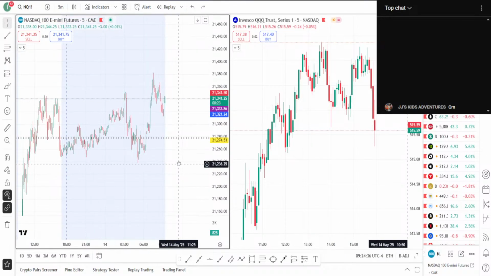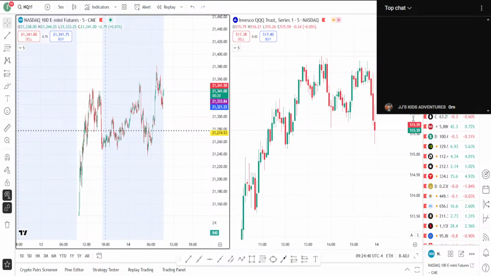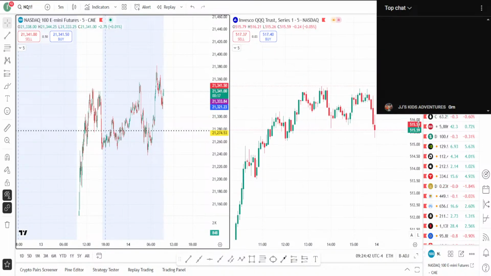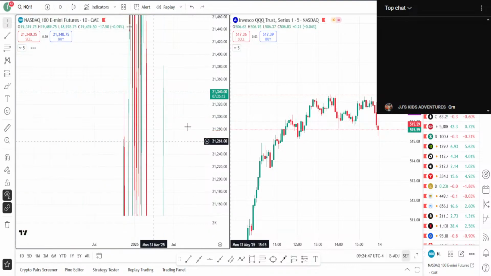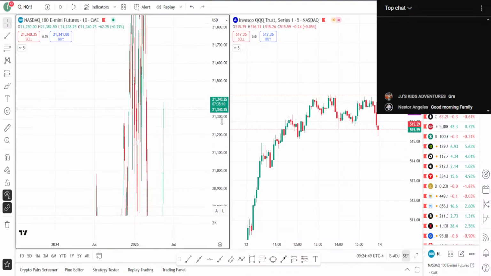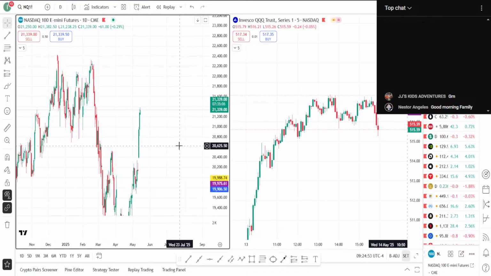All right, so the first thing that comes to mind is, first I want to see what the hourly time frame is telling me, or the daily. Let's take a look at the daily real quick. We got the daily time frame here.